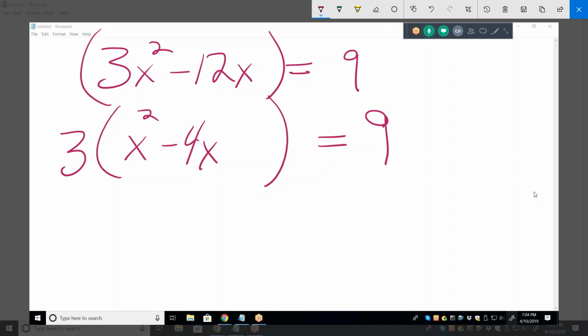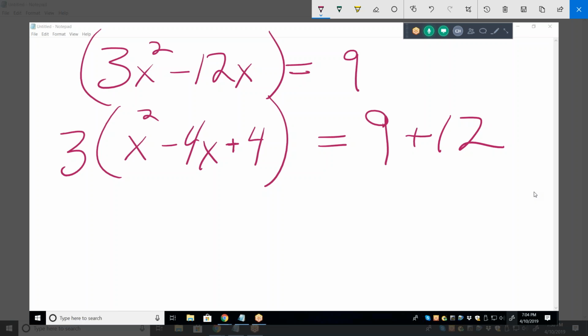Half of 4 is 2, so it'd be negative 2 squared, which is 4. So you'd have to plus 12 on both sides. Well, no, hold on. Let's not get confused here. Inside the parentheses is always that. Right, and then you got a plus 12 out. I got to add 12 to the other side because when I wrote that plus 4, I was really adding 12 to the left side. I'm adding 4 times 3.